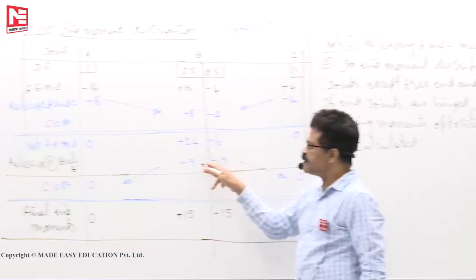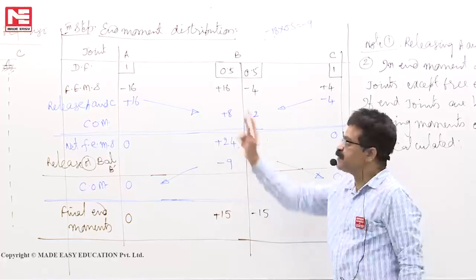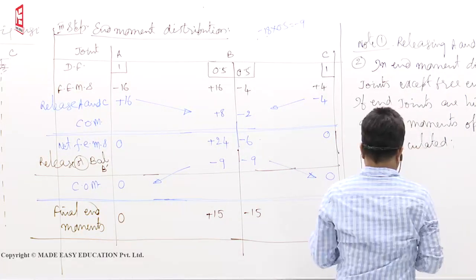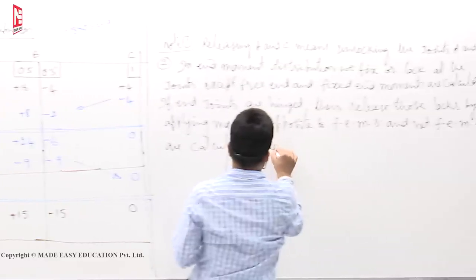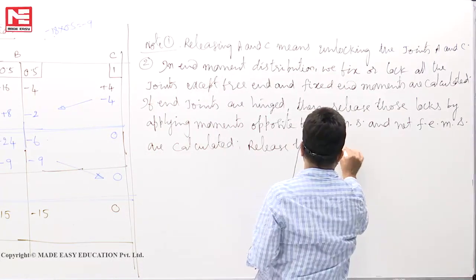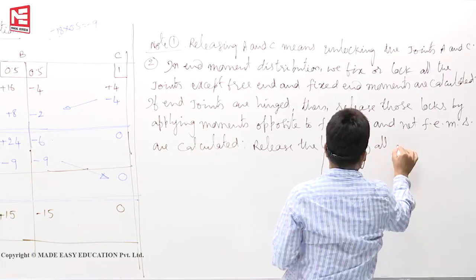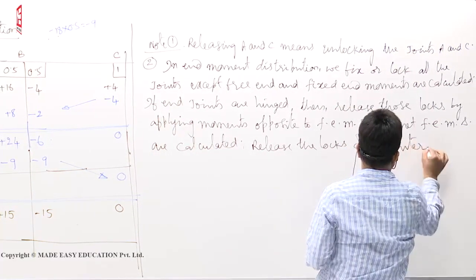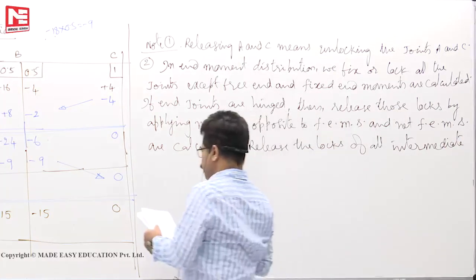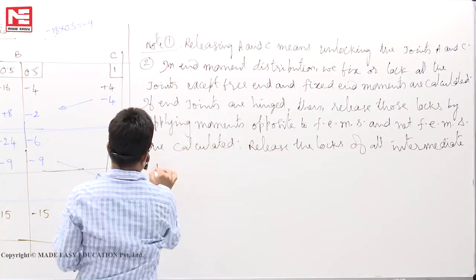After this, we release all intermediate joints also. First end joints, then intermediate joints. Release the locks of all intermediate joints also.